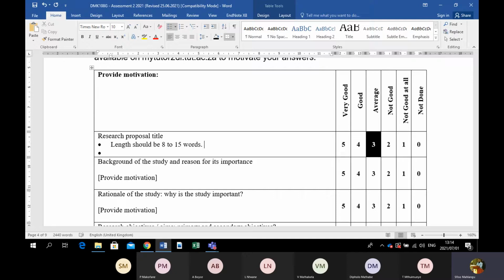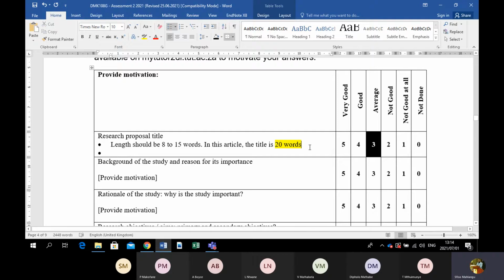And now let's evaluate the article. So we can write in this article, the title is 20 words, for example. So I'm just using a random example once again.